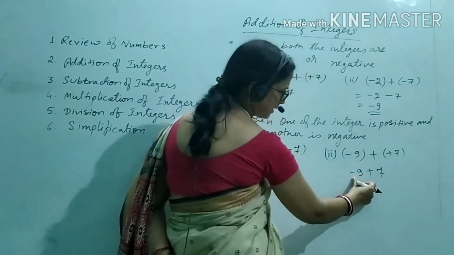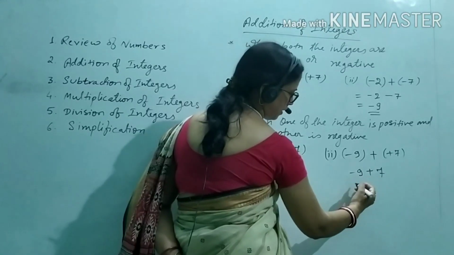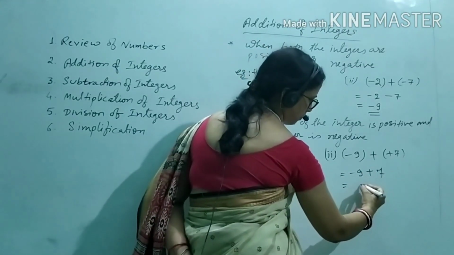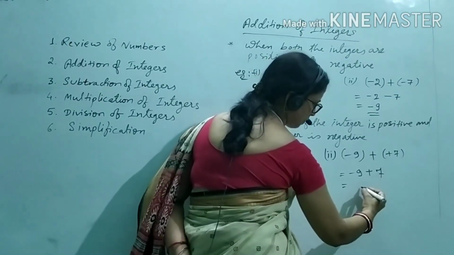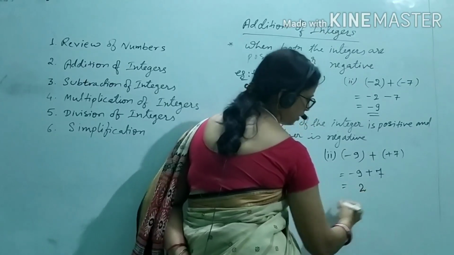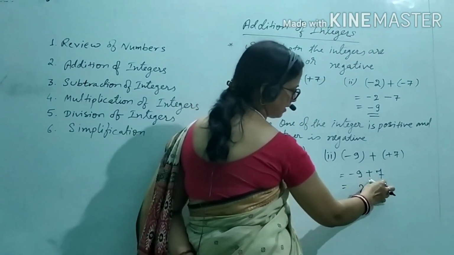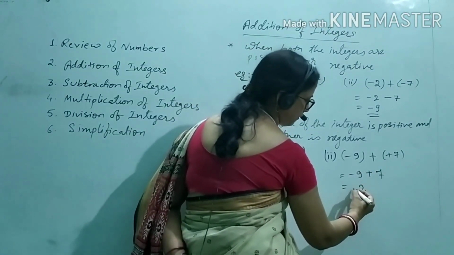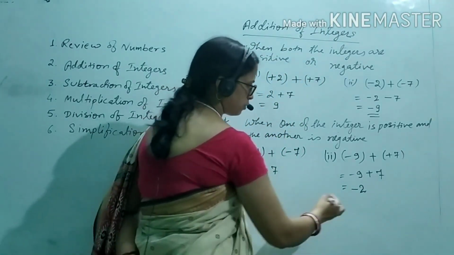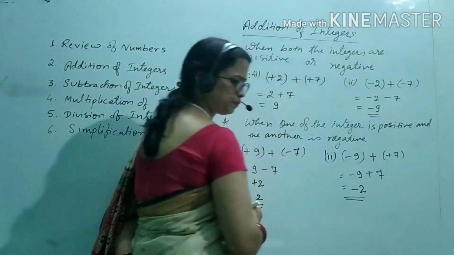If one integer is negative and another one is positive, same thing we will do, that is we will subtract these two. What do we write? 9 minus 7, the modulus of these two, and this will be 2. But as 9 is the greater number, we will put the sign of the greater number, that is minus. So the answer will be minus 2.